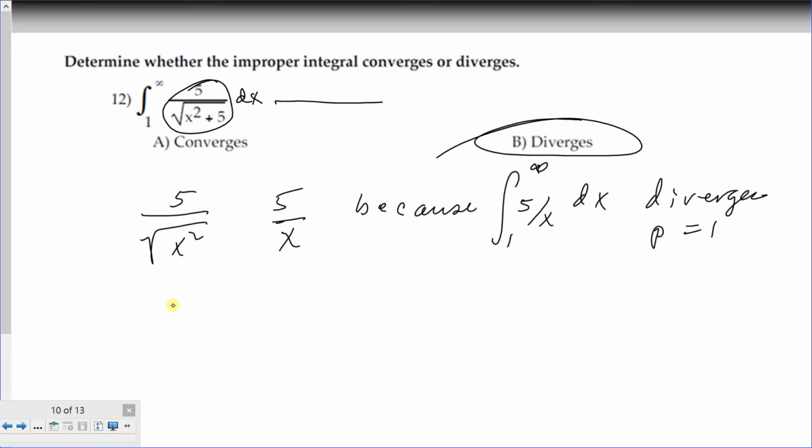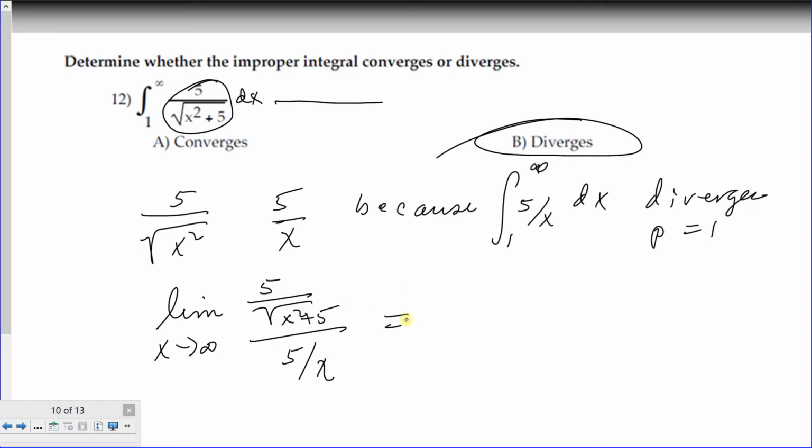You can go to the trouble of looking at the limit as x approaches infinity of 5 over the square root of x squared plus 5, divided by 5 over x, and that equals 1. Therefore, this integral must diverge.